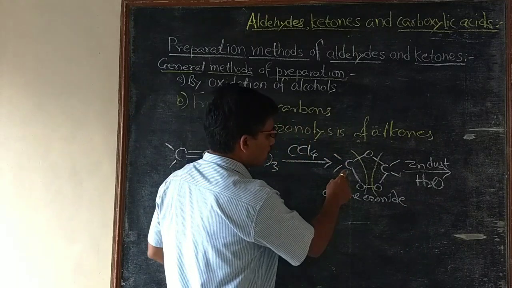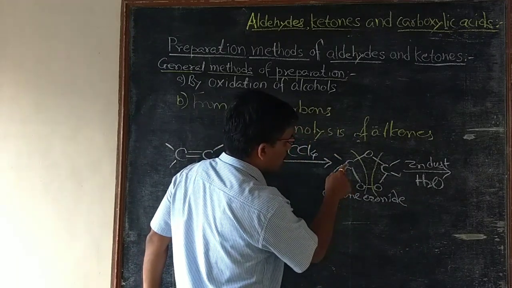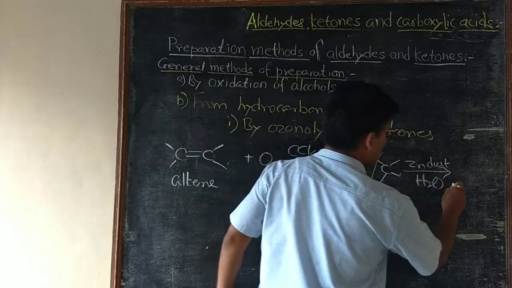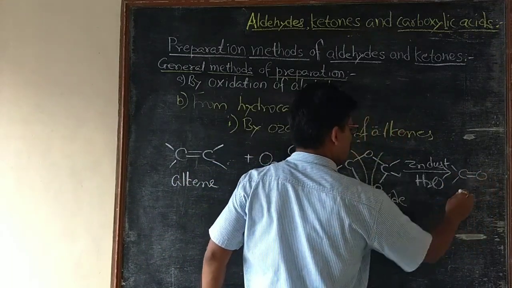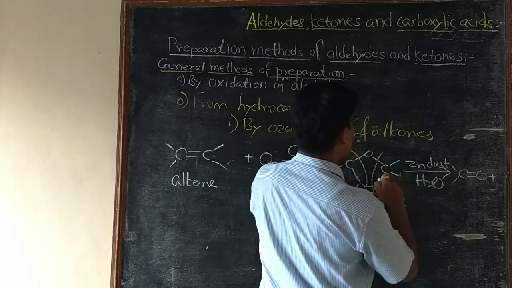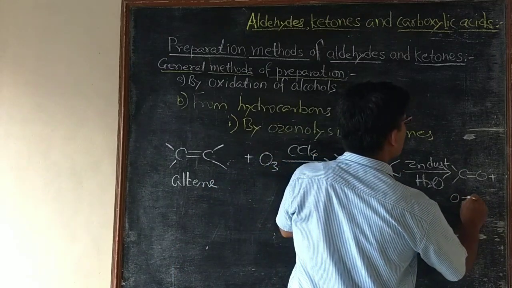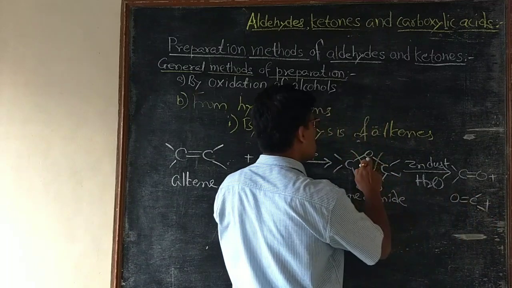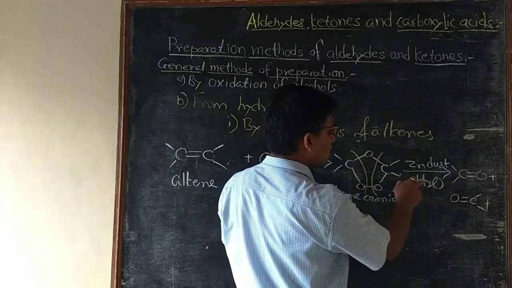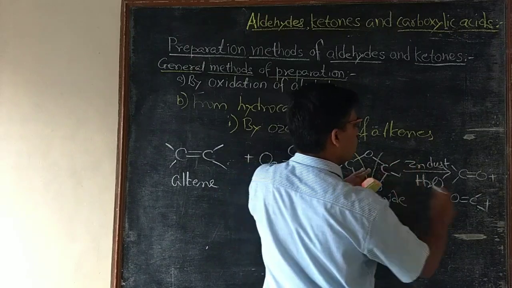Let us see the first fragment, that is carbon attached to oxygen, and another is this carbon attached to oxygen in this way, plus this oxygen goes to the zinc dust to form ZnO.